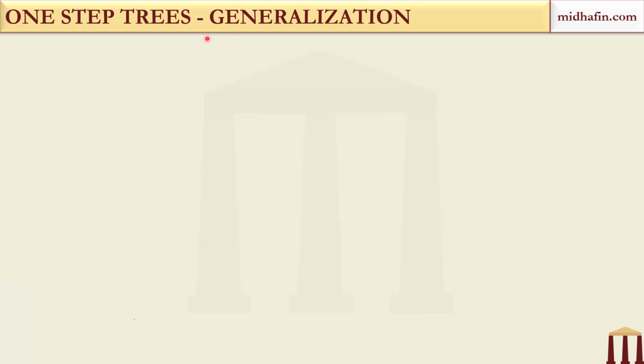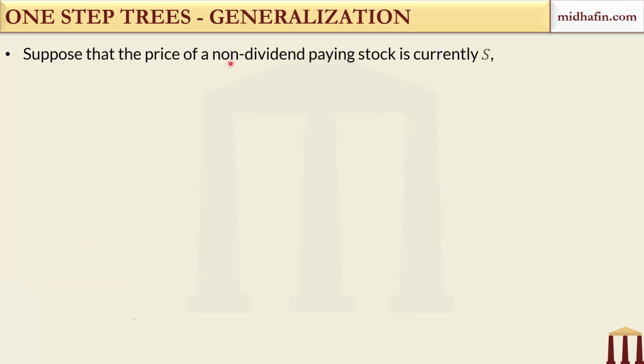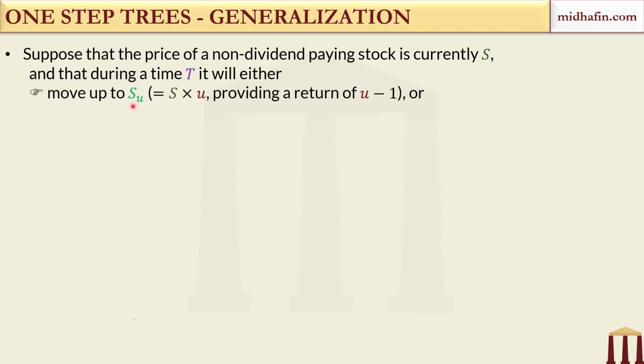Okay. Now let's come to one step trees. Let's just generalize it. Suppose that the price of a non-dividend paying stock is currently S, and that during a time T, at T I should say, it will either move to SU, and SU we're going to calculate like this: S multiplied by the up factor.